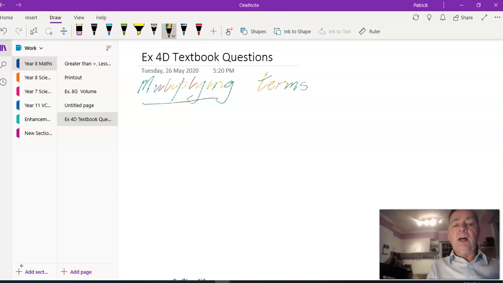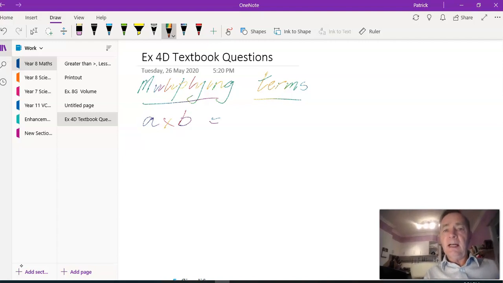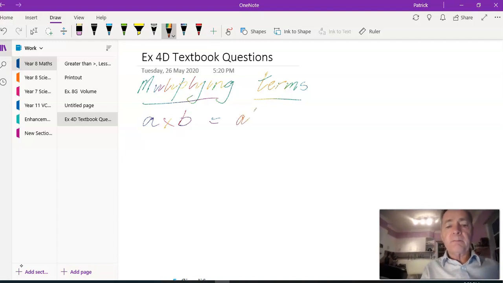So in multiplying terms, we'll have a look here. You could have A times B, and in algebra that's written as AB. The multiplying sign is not shown, but we know that it is. So if we had 5 times A times B, that would be 5AB.